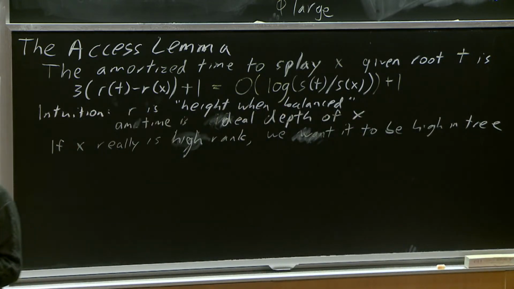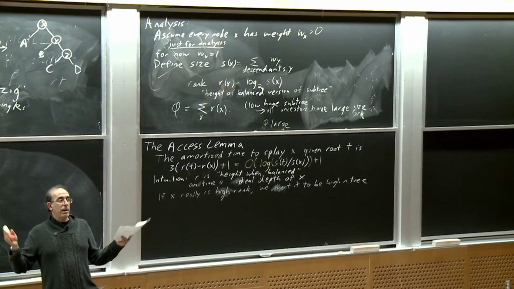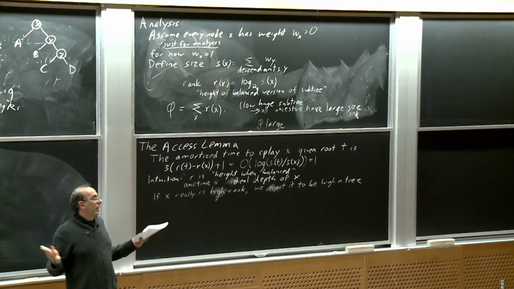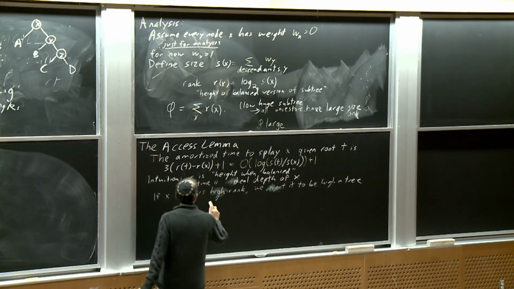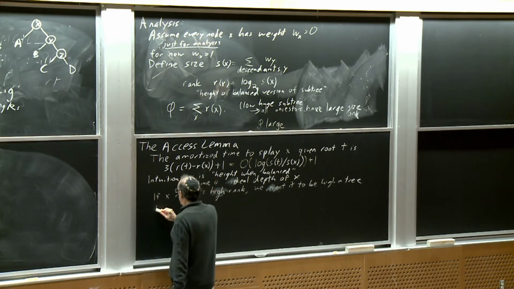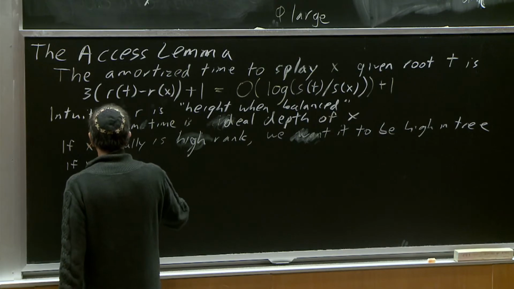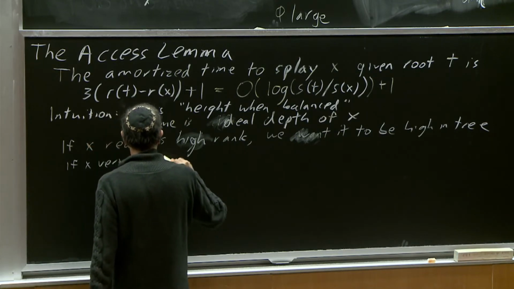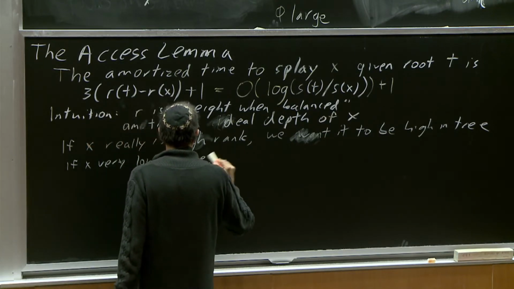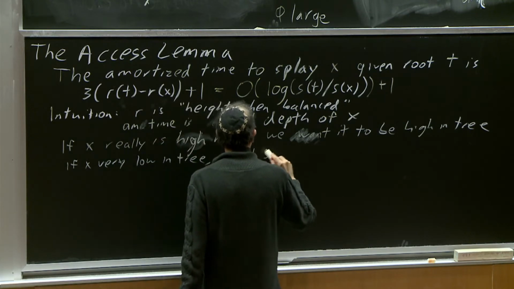And if it is high in the tree, then things are great because the real search time is small. On the other hand, if x is very low in the tree, then the real search is slow.